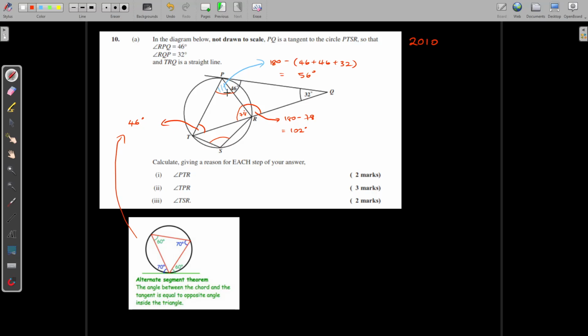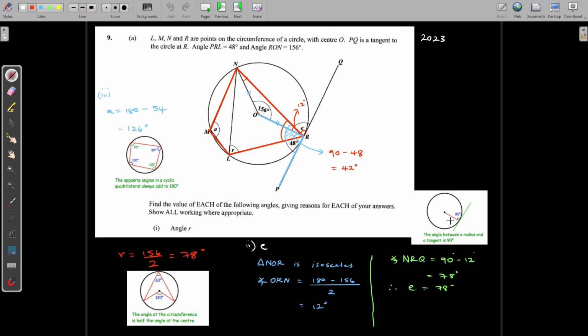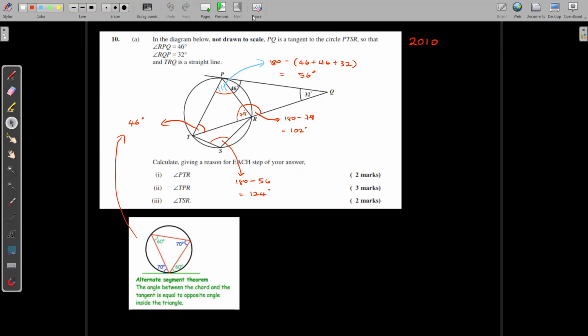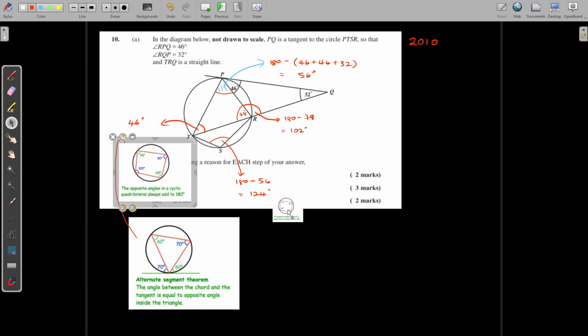So if this is 56, this one here is what? This is opposite angle in a cyclic quadrilateral. 124. So 180 subtract 56, 124. So remember the rules would be cyclic quadrilateral for that one. So this one is cyclic quadrilateral.